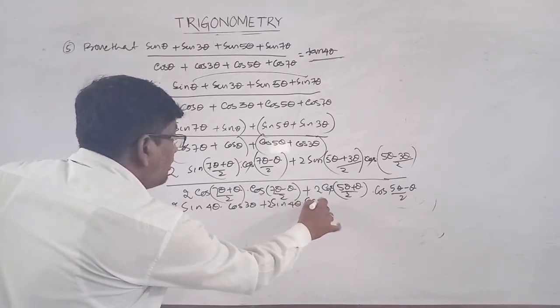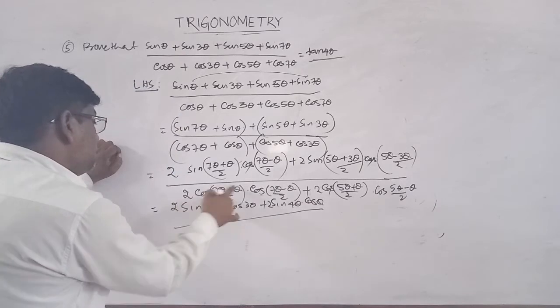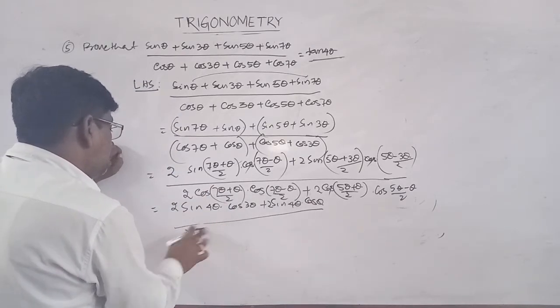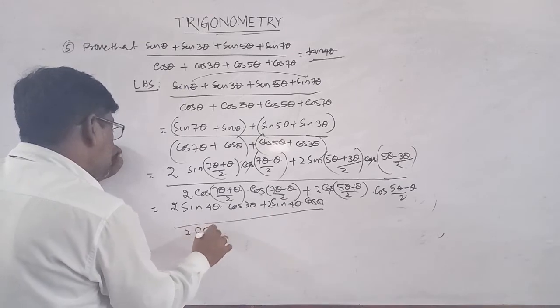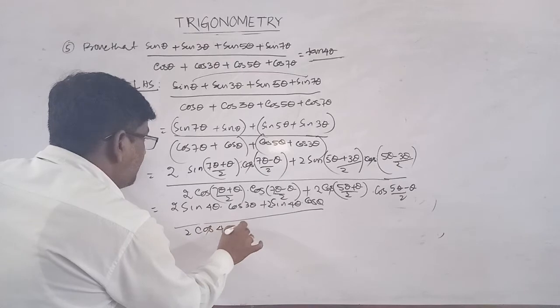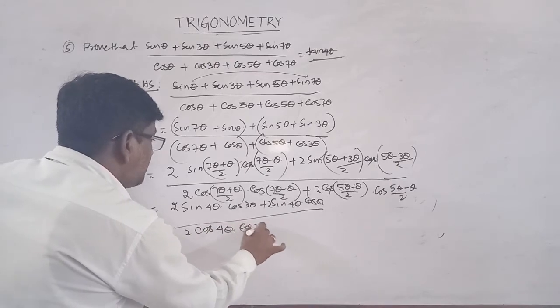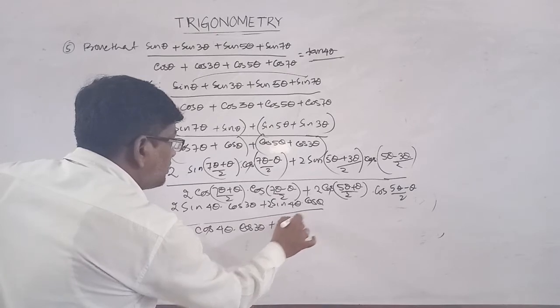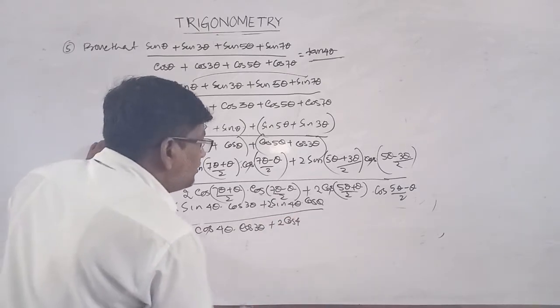Cos theta, divided by 2 cos 4 theta into cos 3 theta, plus 2 cos 4 theta.